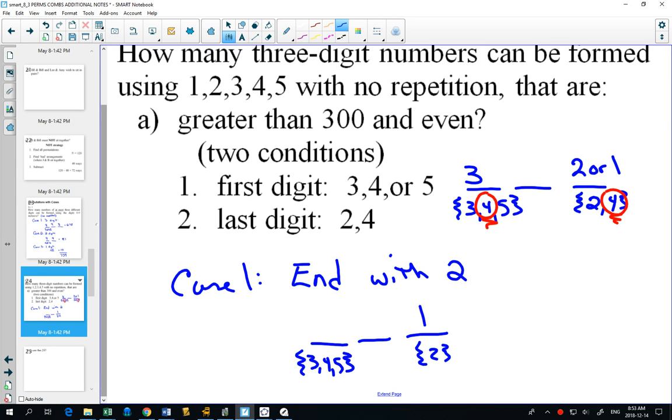It could still be 3, 4, or 5 to be greater than 300, giving me 3 choices. And then for my last decision, how many numbers do I now have left? I've used up the 2, and I've used up either a 3, 4, or 5. I have 3 numbers left, giving me 9 total options.